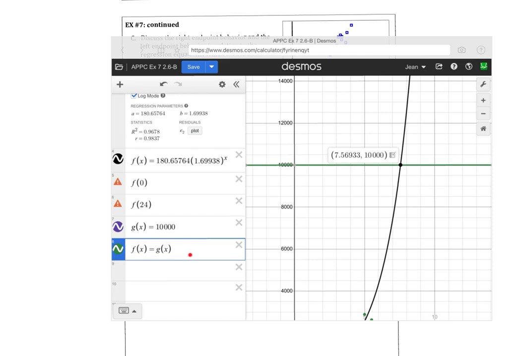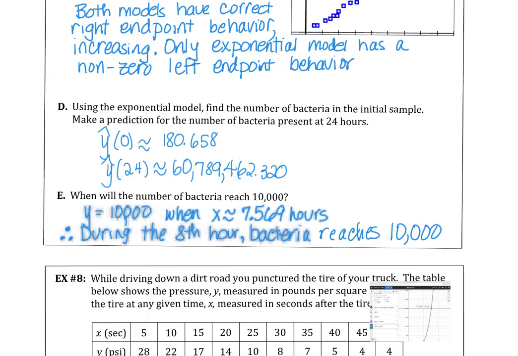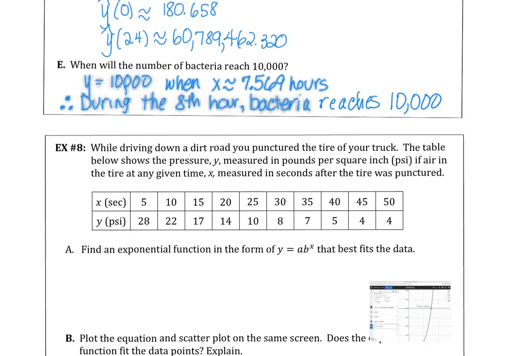And then in line number 8, I want to know where f of x equals g of x. Hovering over that, you can see that happens at 7.569 hours. So we want to record that on our notes. So we know that during the 8th hour, the bacteria will reach 10,000 as far as population goes.